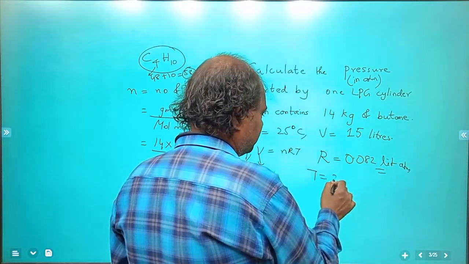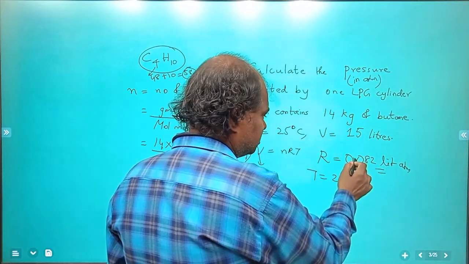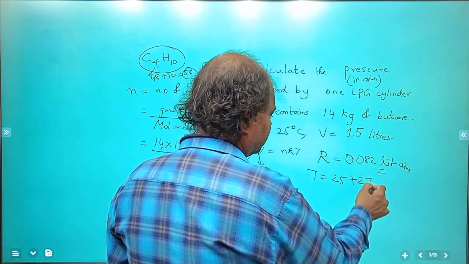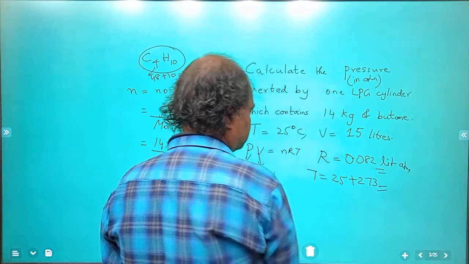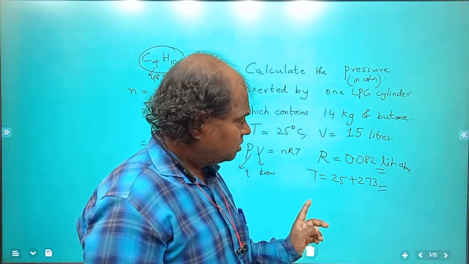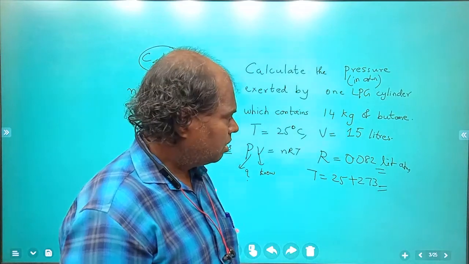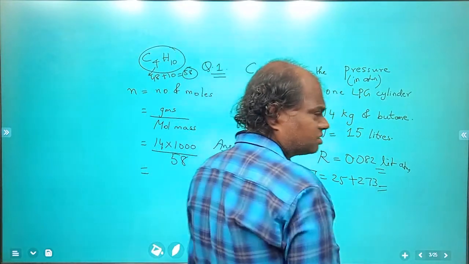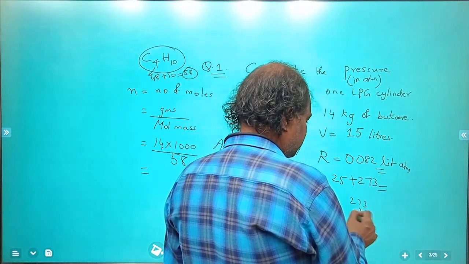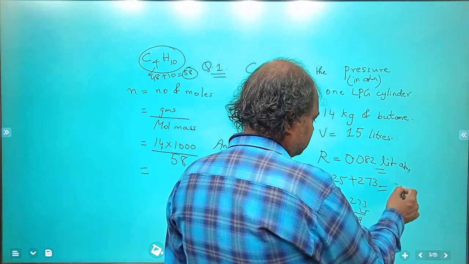Temperature, students, you know, 25. You convert Celsius to Kelvin. Kelvin means how much will you add? 273, right? So 273 plus 25 is how much? Tell me.